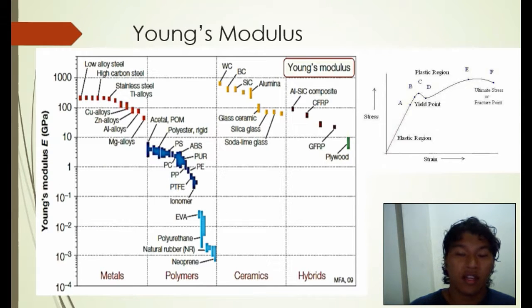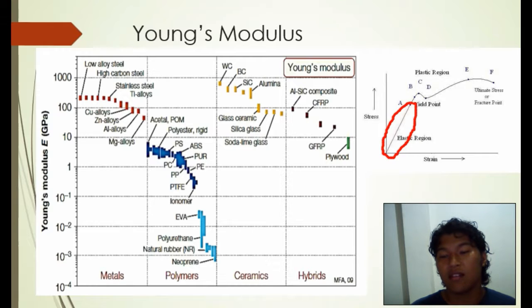On the other hand, the Young modulus is the zone where the stress-strain graphic presents a linear relation. This is because in this zone the strain is elastic.